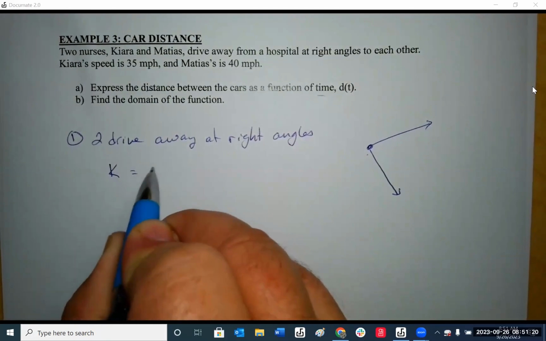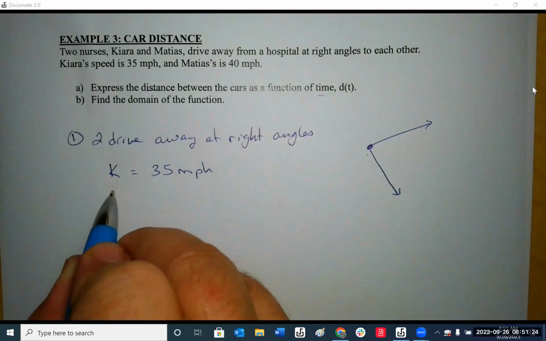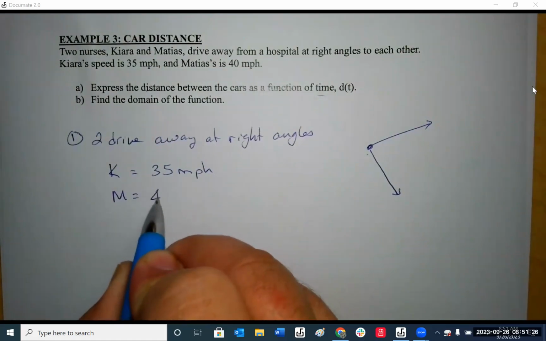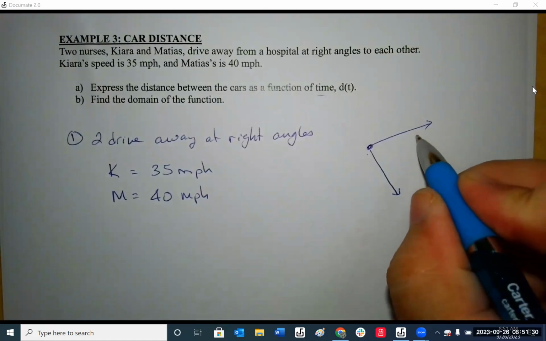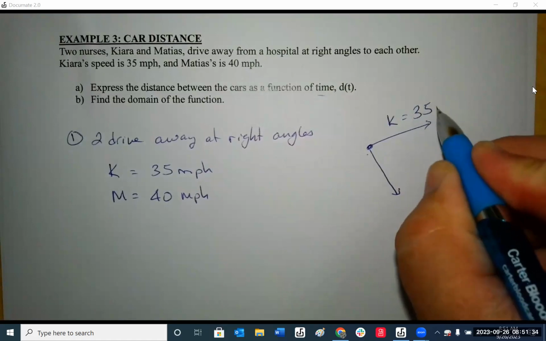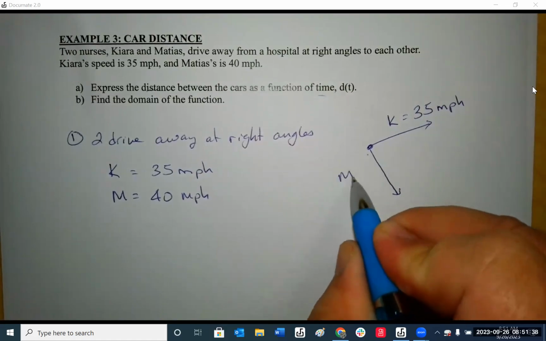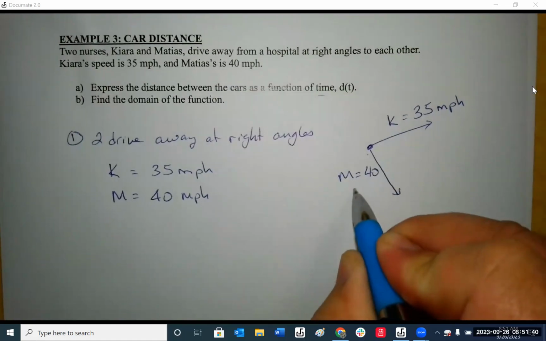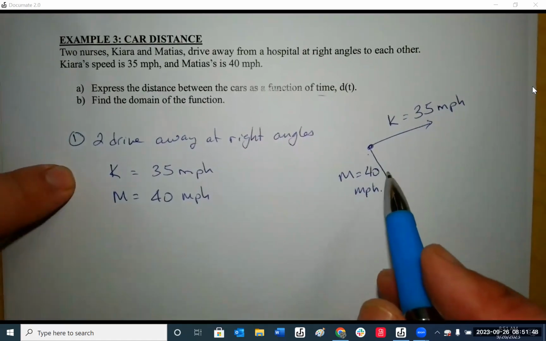Kiara is at 35 miles per hour. Mateus at 40 miles per hour. There's your picture. There's your equations.